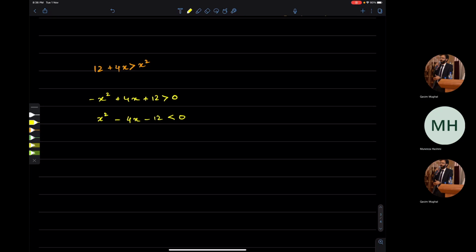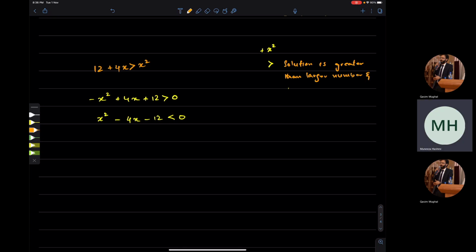So all you have to memorize is that whenever you have a greater than sign in the inequality with positive x squared, the solution is greater than the larger number and less than the smaller number.